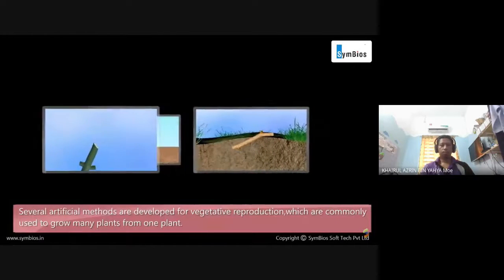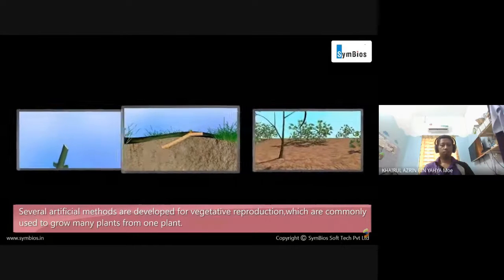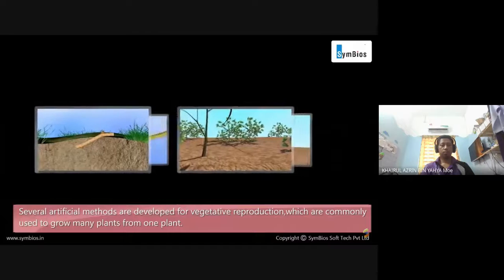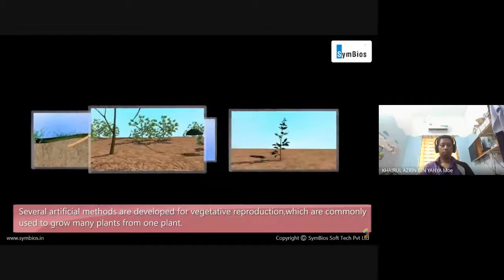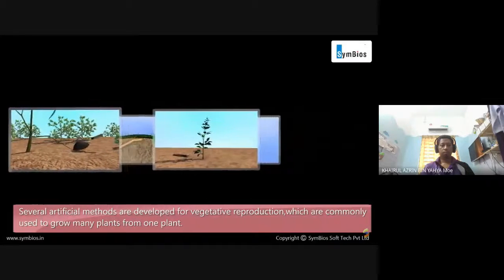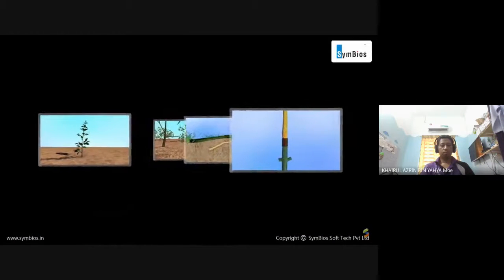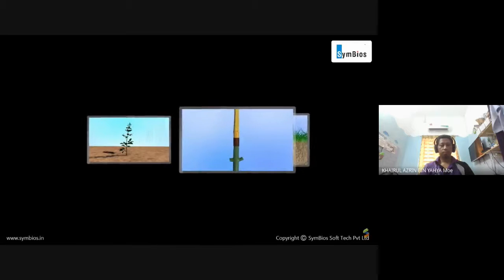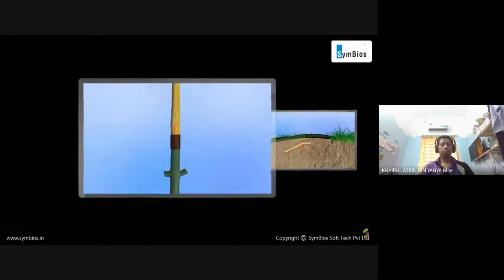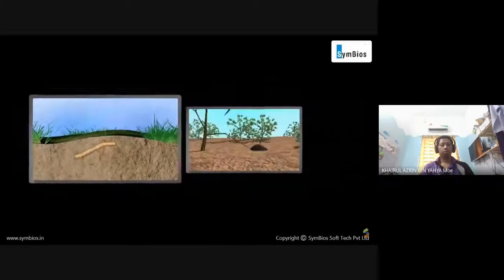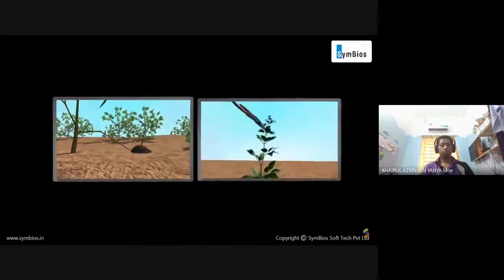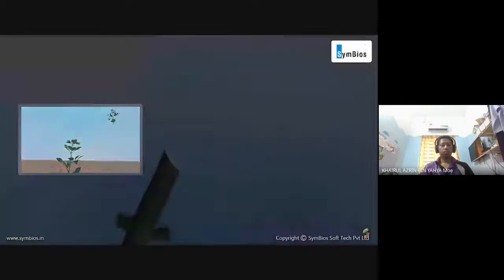Several artificial methods are developed for vegetative reproduction, which are commonly used to grow many plants from one plant. This is referred to as artificial propagation. Some of these methods include grafting, cutting, layering, and tissue culture.